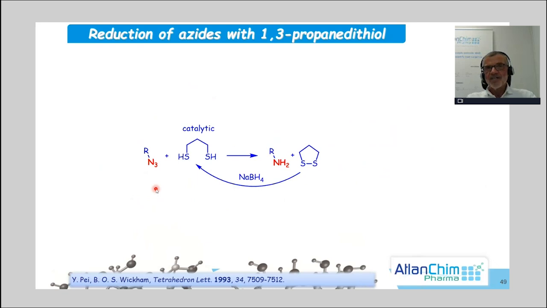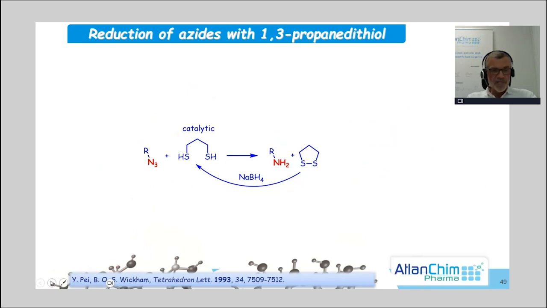To avoid handling large quantities of 1,3-propanedithiol, which is an unpleasant smelling reagent, a catalytic version was developed with sodium borohydride as a co-reducer, itself inert on the azide compounds, as already mentioned. 1,3-propanedithiol is regenerated from the disulfide formed during the reducing process by reduction with sodium borohydride.